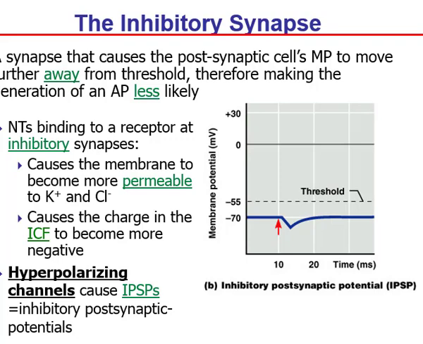Hyperpolarizing channels, which cause IPSPs or inhibitory postsynaptic potentials, are always going to be inhibitory, going more negative than resting position and then moving away from threshold. So you're much less likely to have an action potential generated.